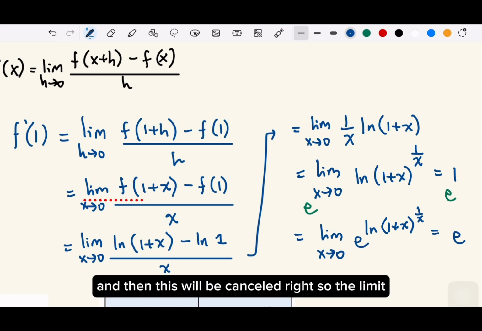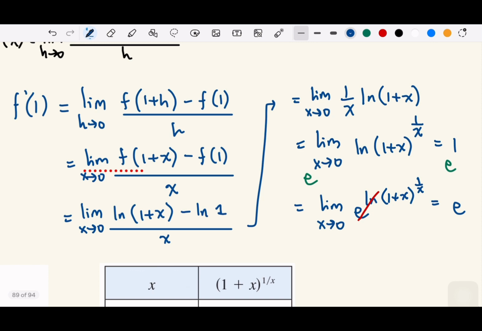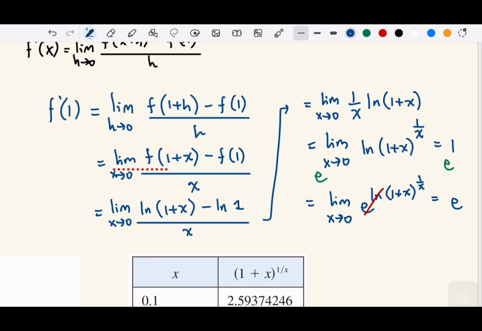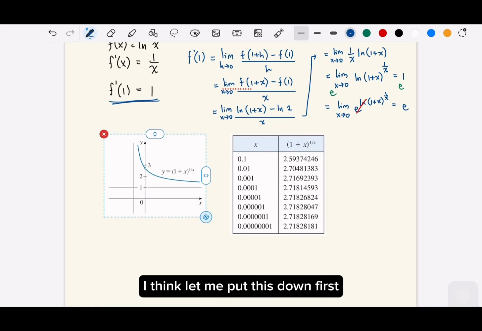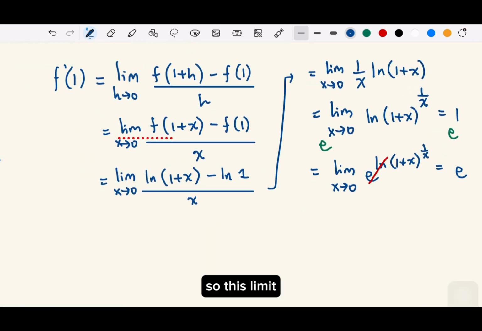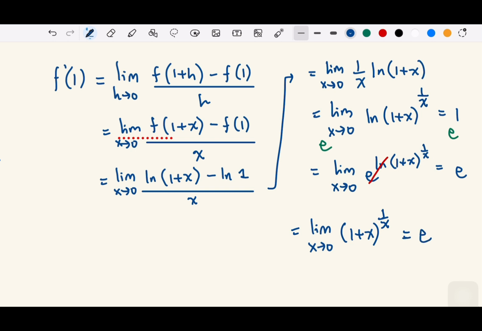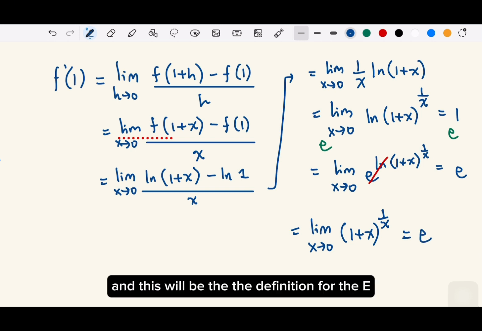And then this will be cancelled, right? So the limit, I think let me put this down first. So this limit of (1 plus x) with power 1 over x is actually equal to e. And this will be the definition for the e.